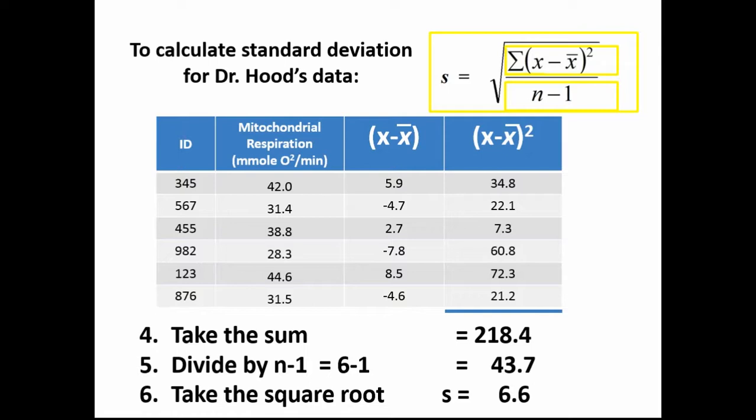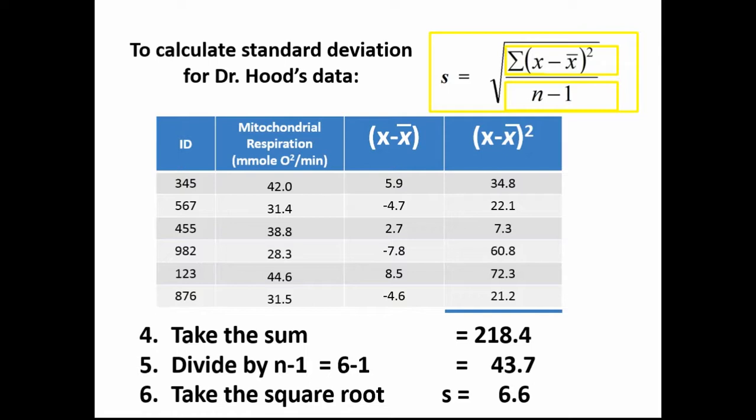The rest of our equation up at the top shows that we should divide that sum of each individual data point minus the mean or average squared by the sample size minus 1. Our sample size was 6. We've got 6 separate mice represented here. We're going to subtract 1. That gives us 5. So we're going to take 218.4 and divide that by 5. It's going to give us 43.7.